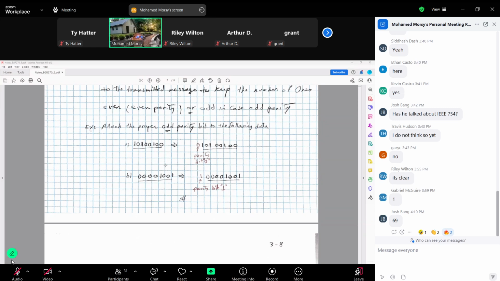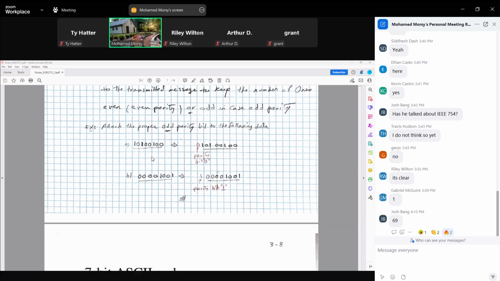So you see, this is simple, but unfortunately, like I had a question before for my students, they put this 0 on the right side, or this 1 on the right side, for example, which is not good, of course. The parity bit is added to the left side.